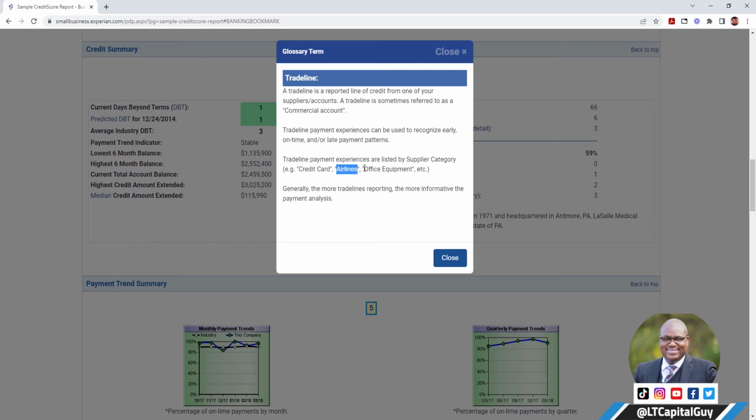It's not going to show the name of the office supply store that you are doing business with. It's always going to say something like office supplies or office equipment, right? So that comes into play when you're trying to match up your purchase activity with what's reporting on your credit report. So just something to keep in mind when you are evaluating your business credit report.